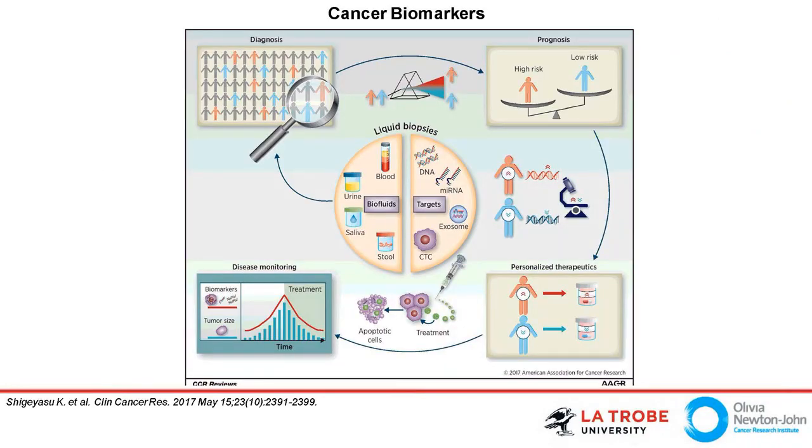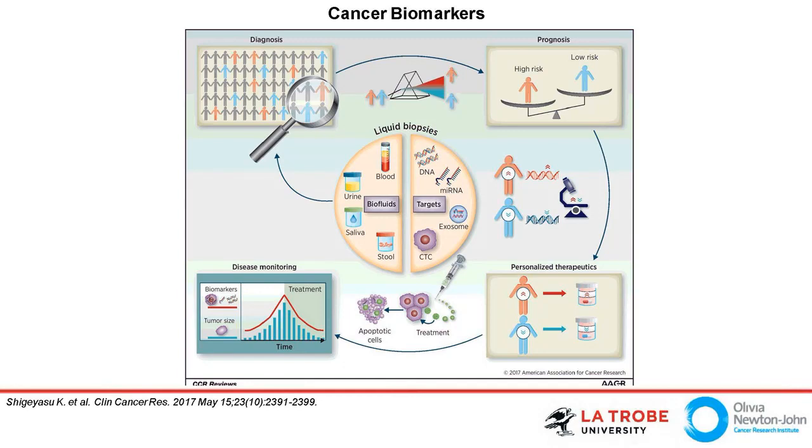So what are cancer biomarkers? The ideal cancer biomarker is one that is easily accessible, so a liquid biopsy, versus one that requires invasive access to tissue, and ideally one that can be used for either the diagnosis or the prognosis or to disease monitor patients as they either respond to treatment or progress or relapse.